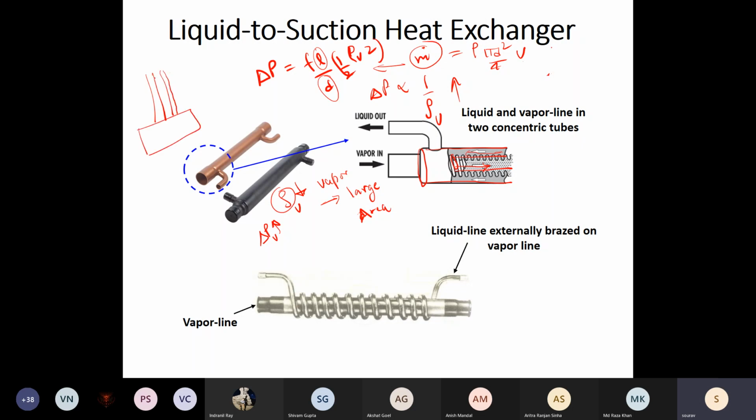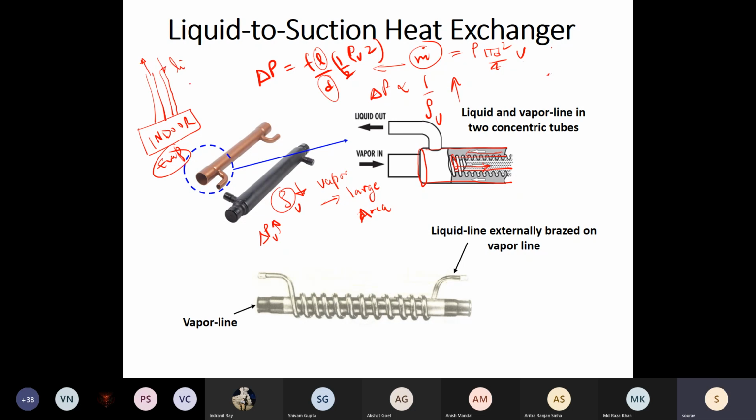The one which is bigger in diameter carries the suction. That is the suction line to your compressor. It carries the vapor. Whereas the smaller diameter tube which is connected to the evaporator in the indoor unit carries the liquid from the outdoor unit.